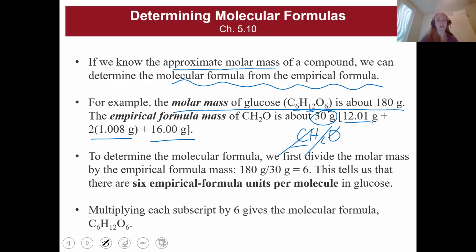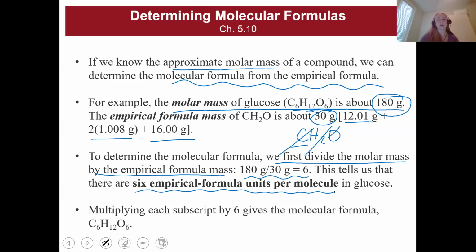So to determine the molecular formula, we first divide the molar mass by the empirical formula mass. So we take our 180 grams, divide it by 30 grams, and find out what that whole number ratio is between the empirical formula and the molecular formula. This tells us there are 6 empirical formula units per molecule in glucose.